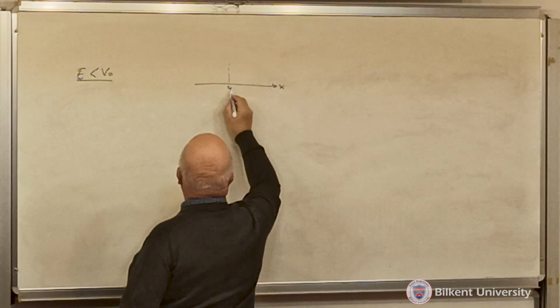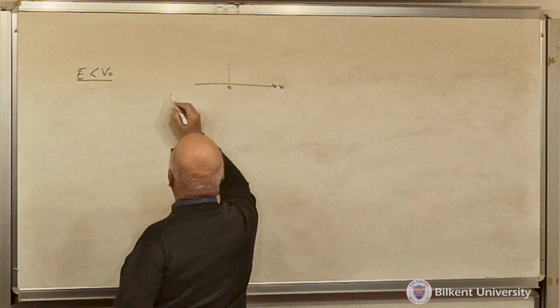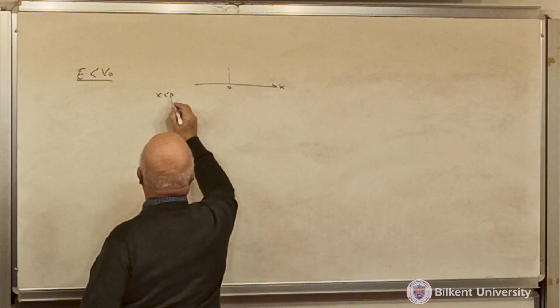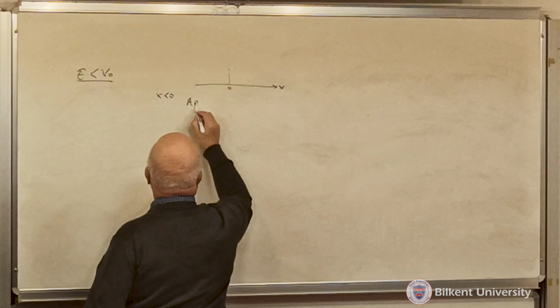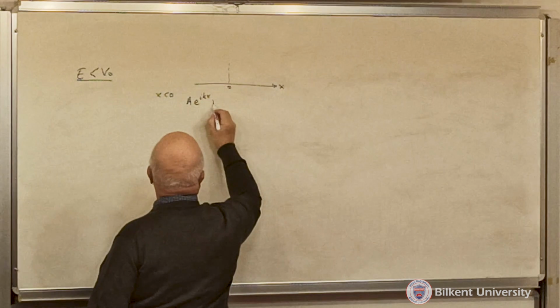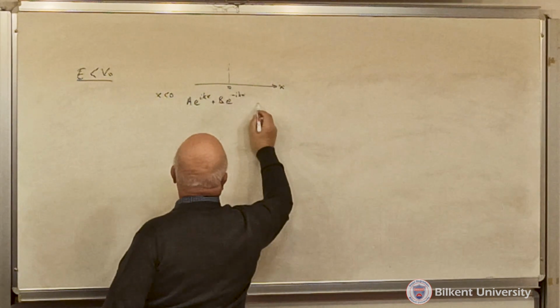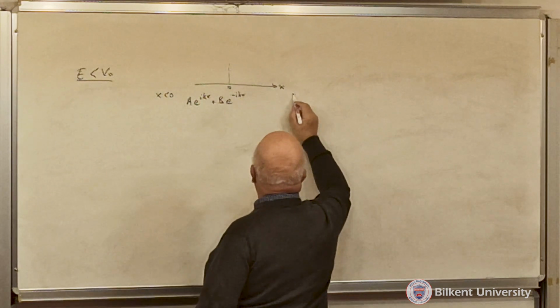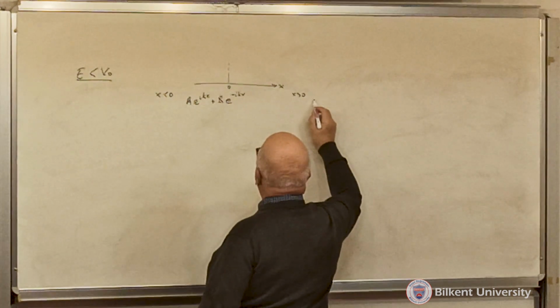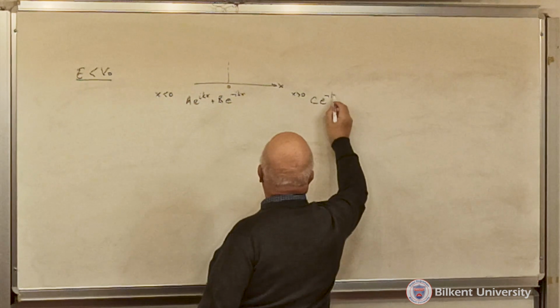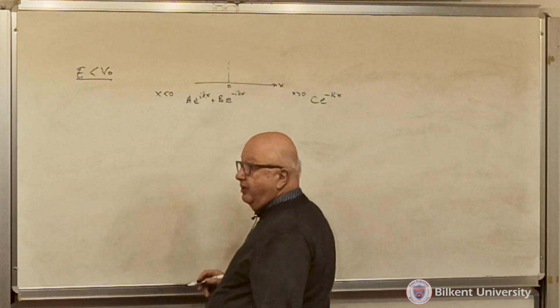As a function of x, for x less than 0, we have a e to the i kx plus b e to the minus i kx. And for x greater than 0, we have c e to the minus kx.